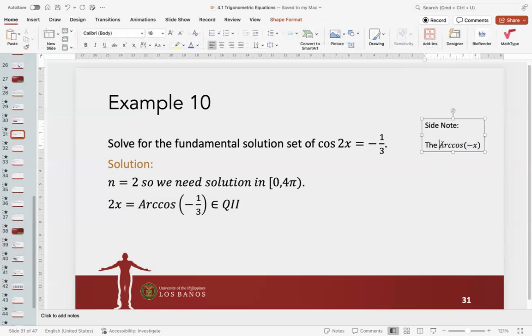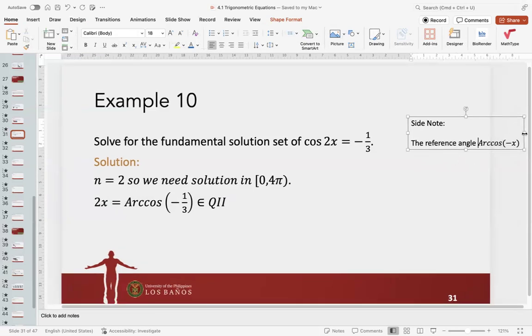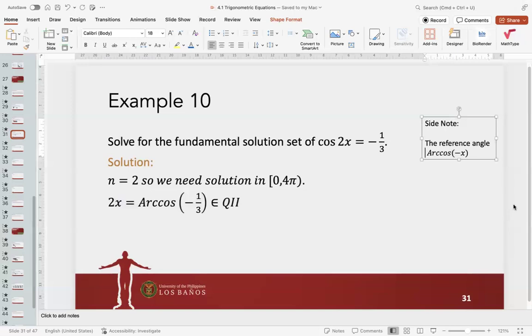So the reference angle, oops, it's already off the screen, of r cos negative x is simply its first quadrant counterpart.